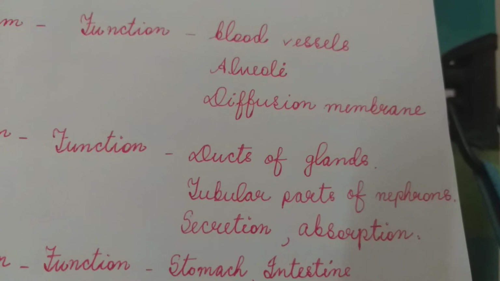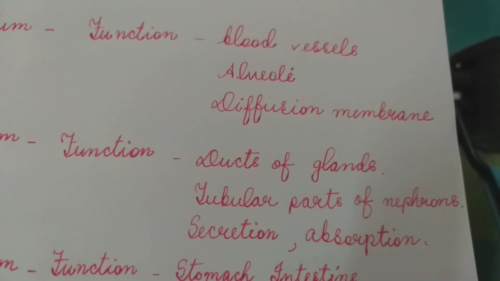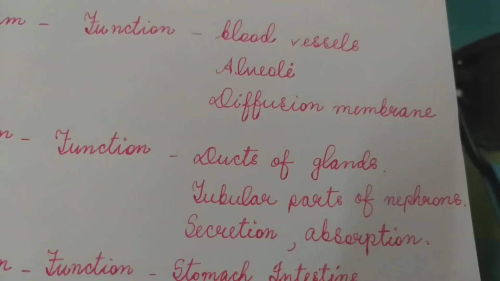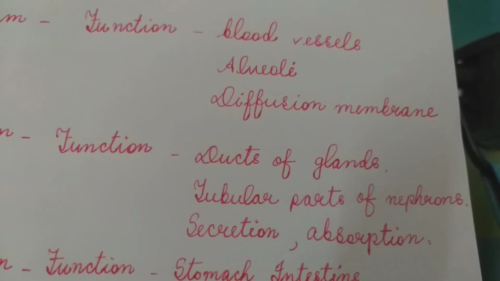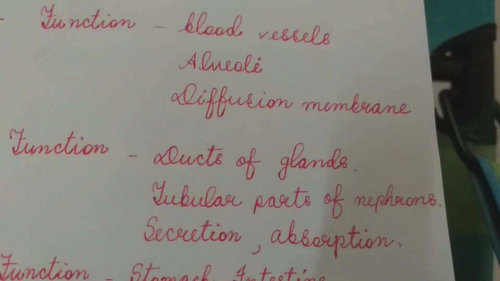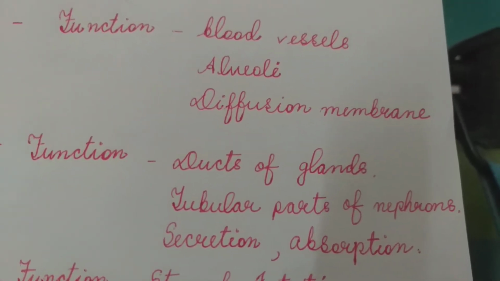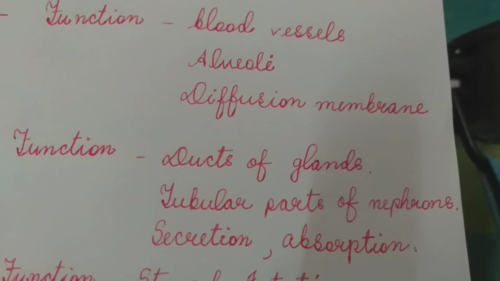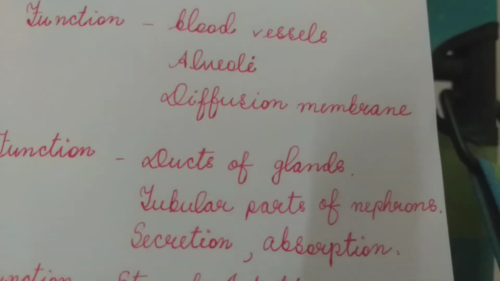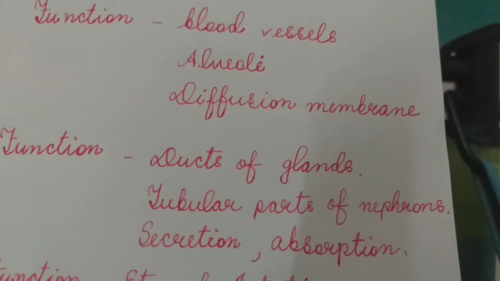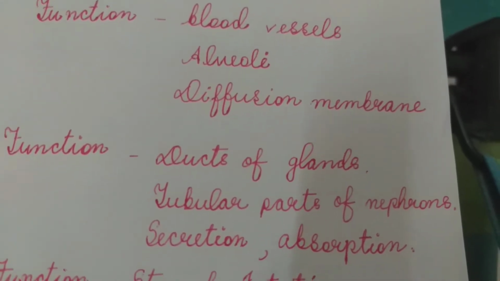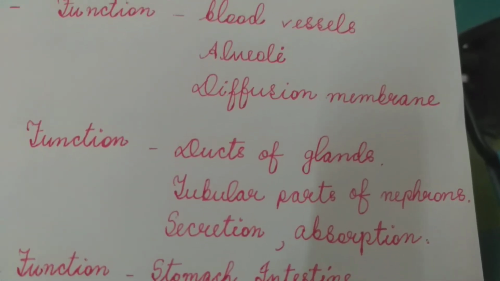The cuboidal epithelium forms the lining in the ducts of glands, and the lining in the tubular parts of nephrons, like the proximal convoluted tubule and distal convoluted tubule of nephrons in the kidneys. Cuboidal epithelium mainly performs secretion and absorption.